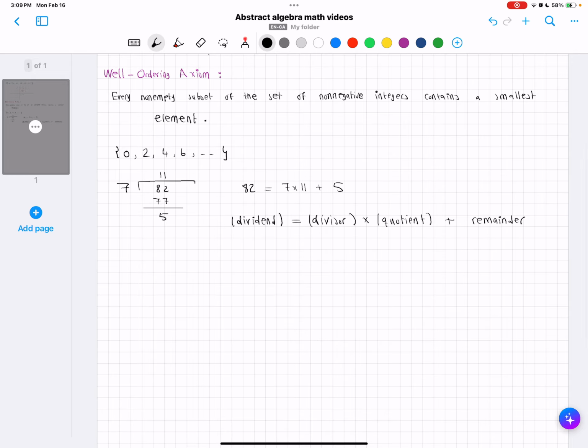We have the following theorem, which encodes this grade school division in a language that we can use for other things.